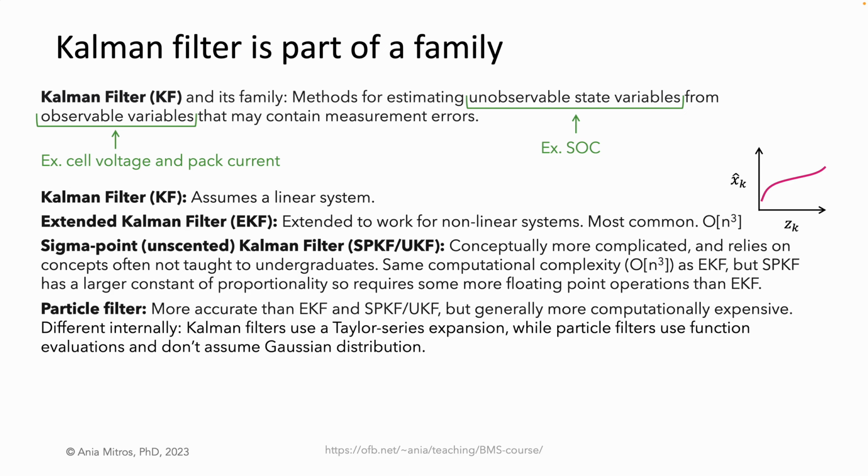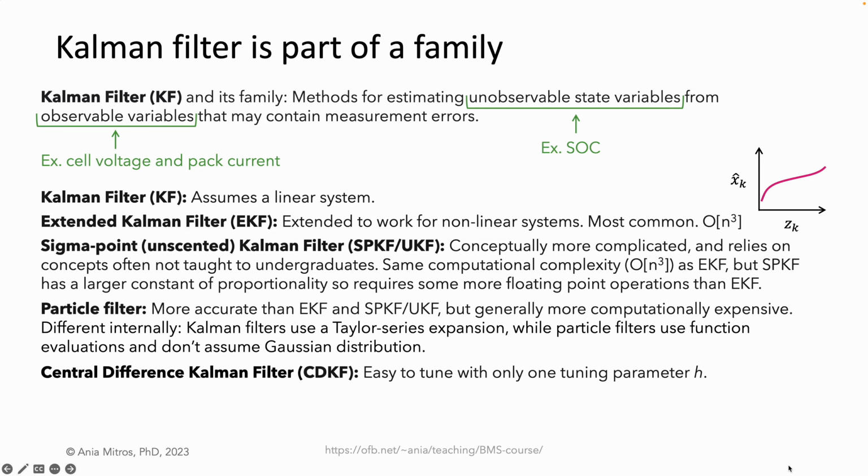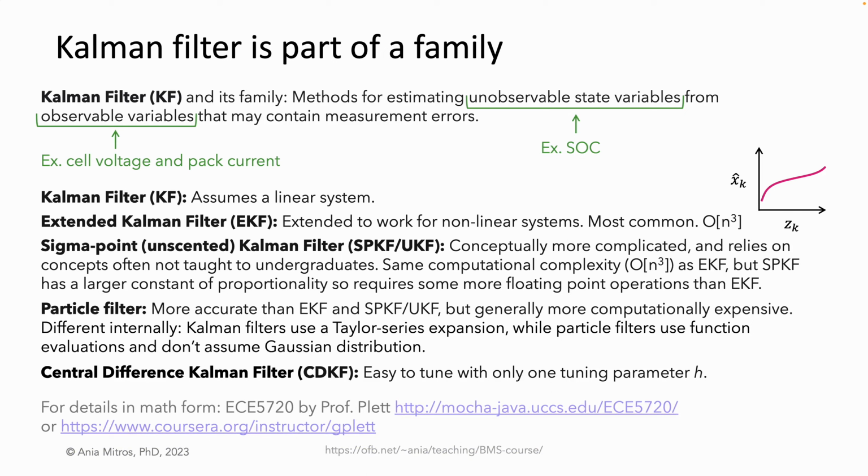A particle filter uses a different method internally, is more accurate, but often requires more computations, which can be problematic for an embedded microcontroller, such as those used for battery monitoring. The central difference Kalman filter is easy to tune, with only one tuning parameter, h. If you're interested in seeing the mathematical details of these methods, I encourage you to view Professor Plett's course materials.